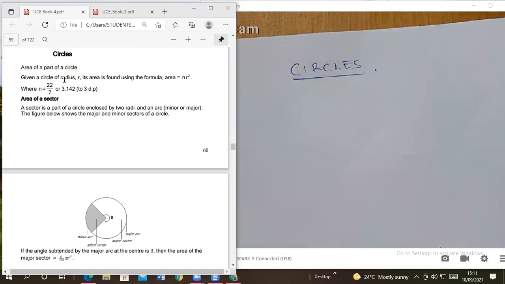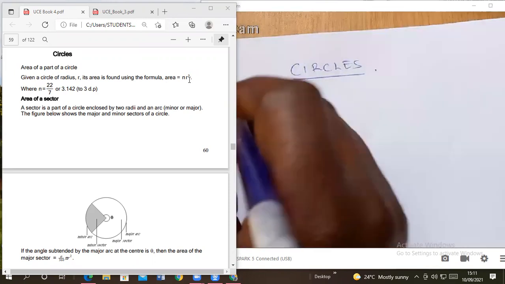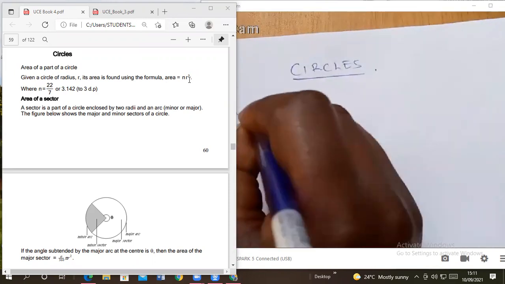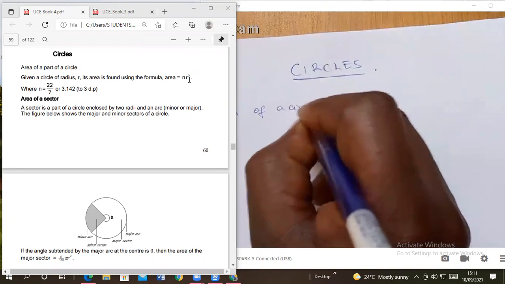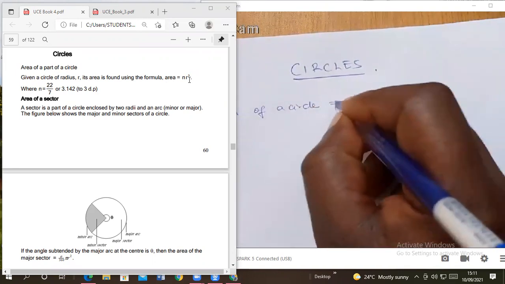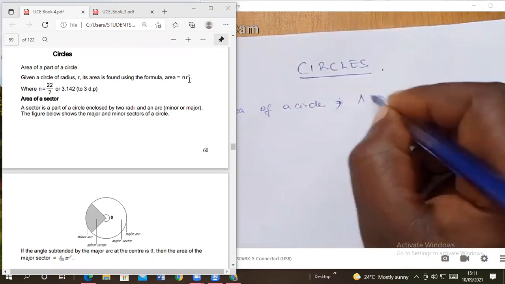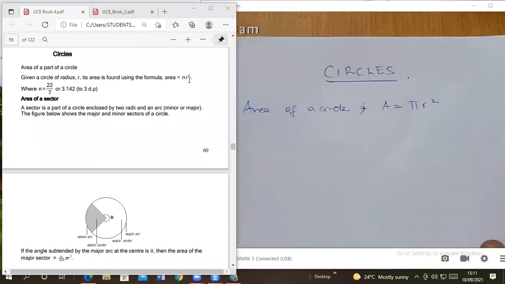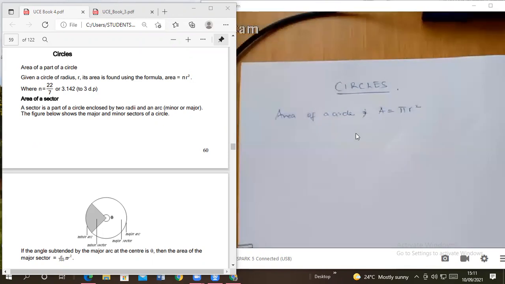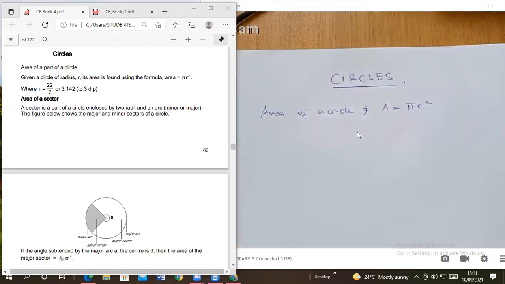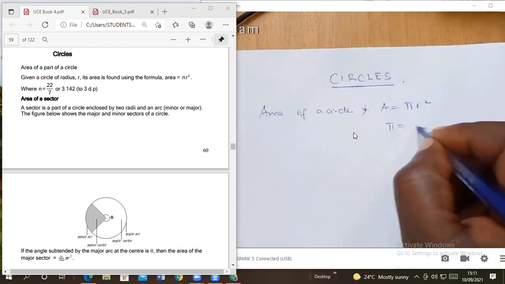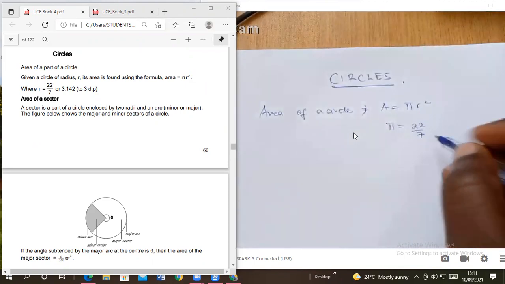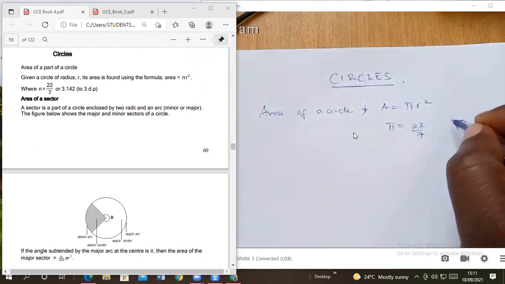A given circle of radius r, its area is found by using. So the area of the circle is given by. That's the first thing. Area equals pi r squared. That's the formula. So we are going to look at different formulas, but the area of the circle is pi r squared. And you should know that pi is 22 over 7, or it is 3 point what?